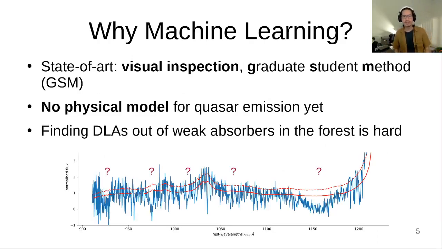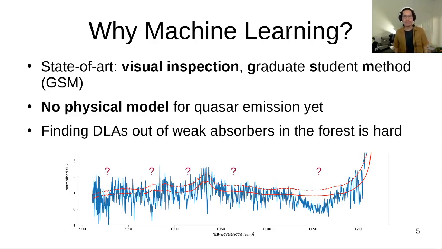So why do we need machine learning? First of all, the state of the art is GSN, the graduate student method, and this method is not scalable to a future survey like DESI, the Dark Energy Spectroscopic Instrument, which will have millions of spectra. This makes visual inspection impractical.